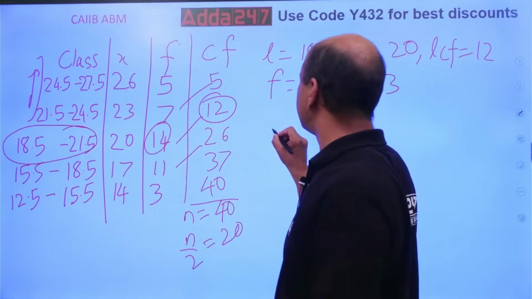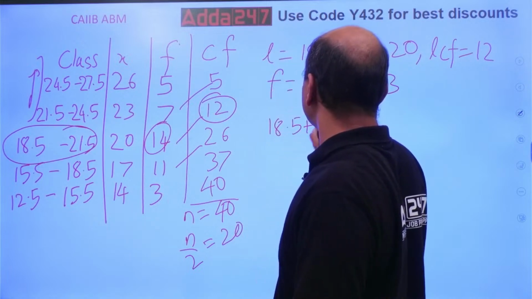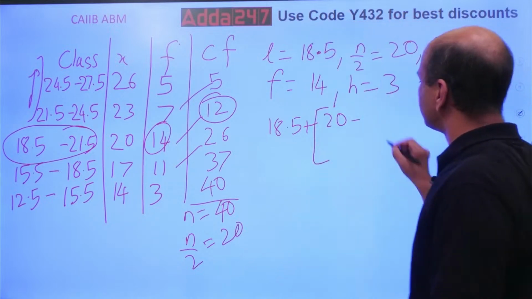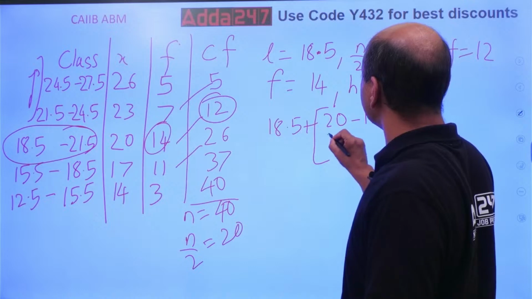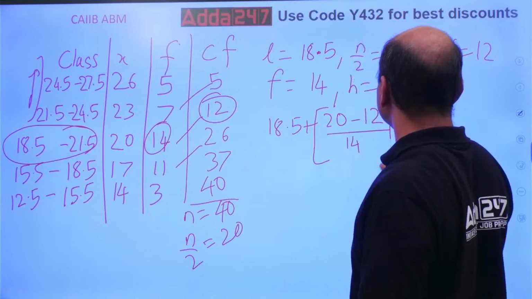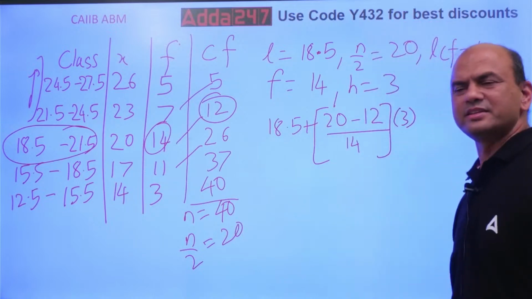So L plus, 18.5 plus n upon 2, 20 minus, what is LCF? 12. The whole upon, what is that? F, 14 into H into this 3. Solve this now. Now it's very easy.